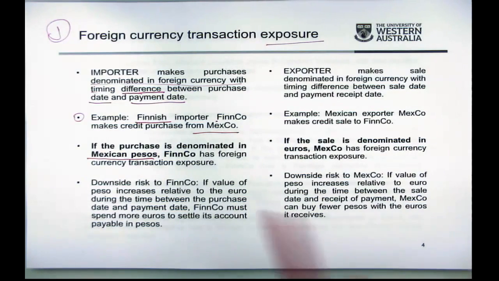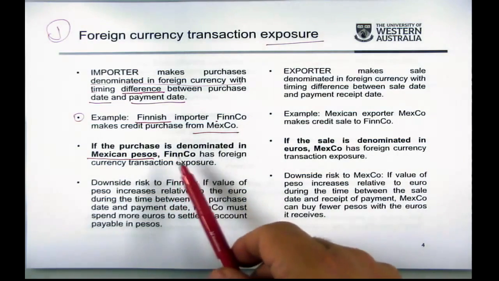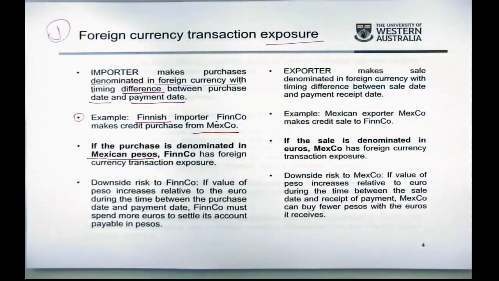So if the purchases are to be paid in pesos on another date after the end of the credit term, in this case, the Finnish company is subject to exchange rate risk. The risk here is that the peso may appreciate in value relative to the euro. If this is the case, then Finco will find itself paying more euros to pay the same quantity of pesos in order to settle its account. Make sense? Okay.